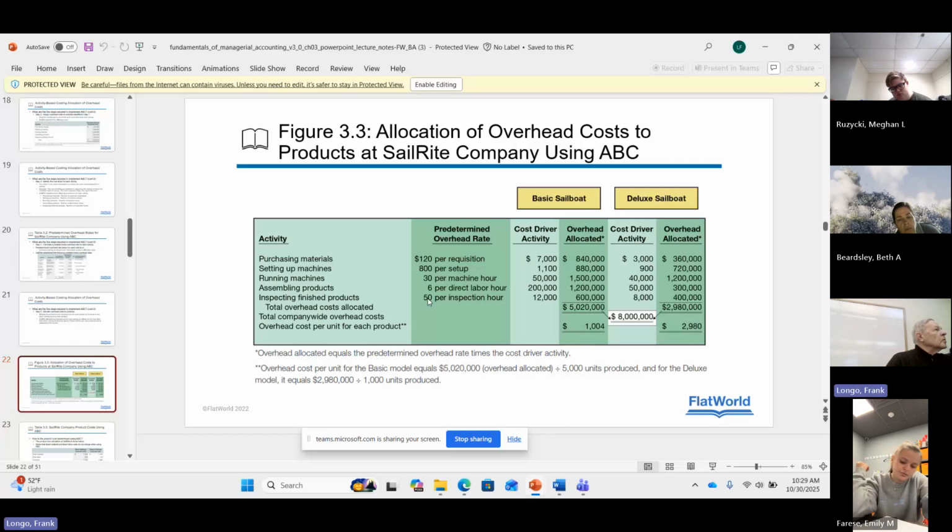So when we multiply to determine the amount of overhead that gets allocated to purchasing materials, we multiply $120 per requisition times the cost driver activity, that's 7,000. That gives us $840,000. So we've allocated overhead to purchasing for the basic sailboats.